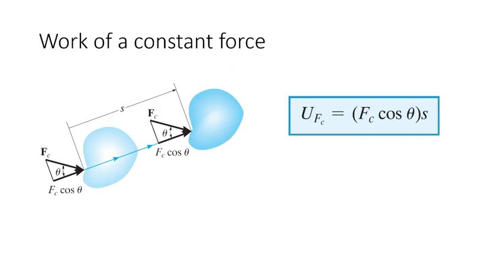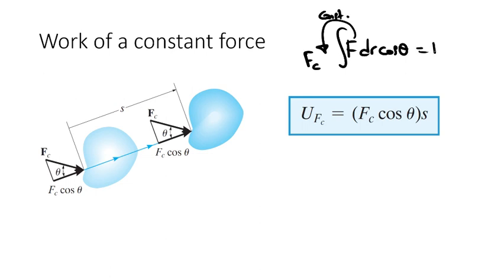Now, when the force is constant, you move from 1 to 2. If you remember the variable force case, F dr cosine theta, integrate. If it is constant, you bring it out as Fc.